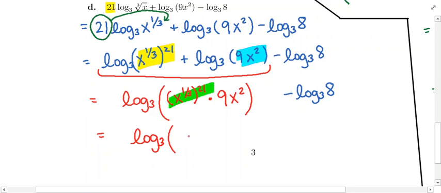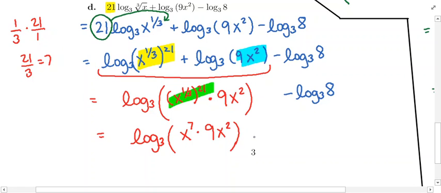You would multiply the exponents. 1/3 times 21 is 7. You can write it out: 1/3 times 21 over 1 is 21 over 3, that's 7. So this whole thing in green turns into x to the 7th times 9x squared. I haven't done anything with this other logarithm, so leave it alone.